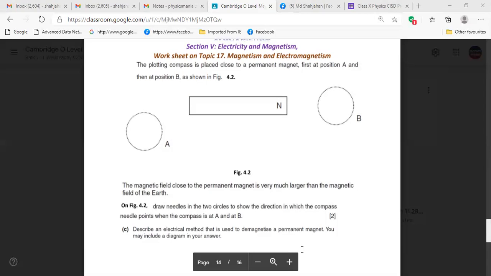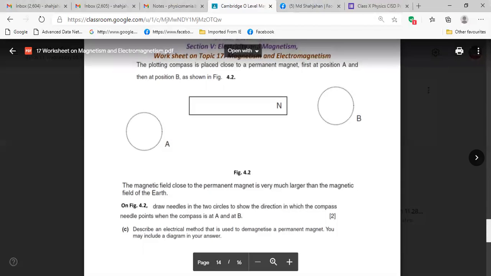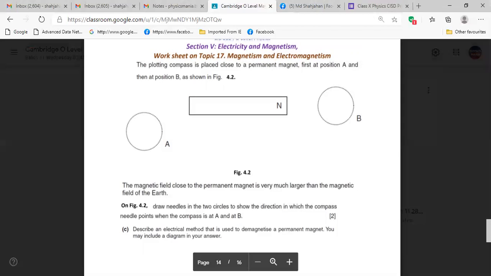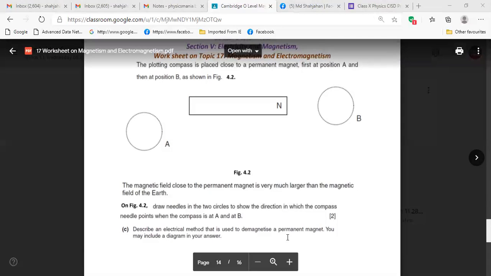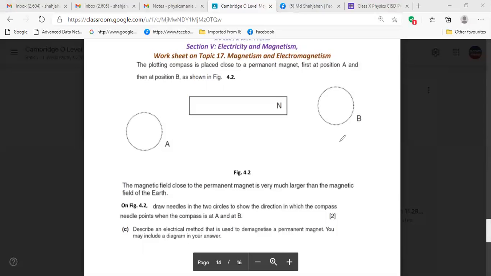And so the needle should be like arrows, or the one in the previous page. You just draw the needle you are having like this way. So you give one arrow, simply one arrow here.